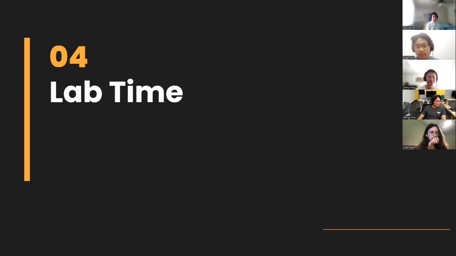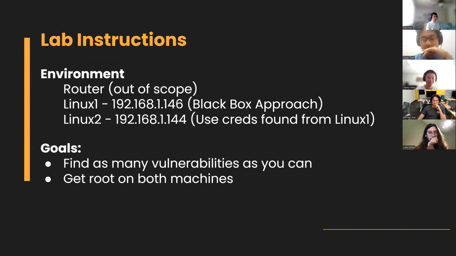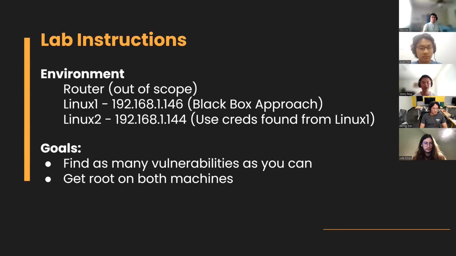Now for the lab. There are two boxes in the environment, Linux 1 and Linux 2. Linux 1 is a little bit easier. It has a black box approach, where you don't have much information on it and you're going in blind.